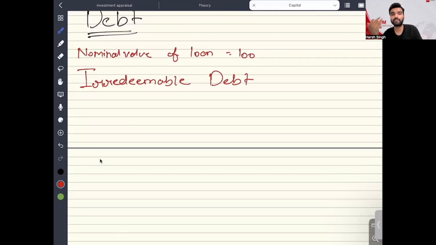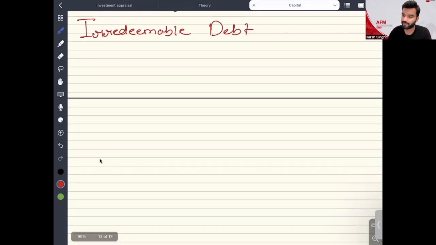Irredeemable, what does it mean, everyone? That there is no requirement to pay the initial cash flow or the principal amount in future. So there is no requirement to do that. Then we have redeemable debt.